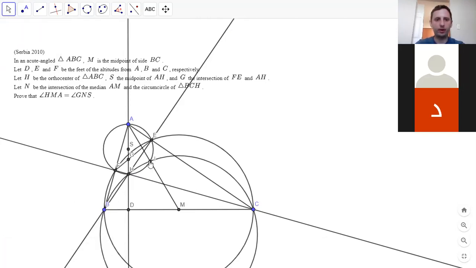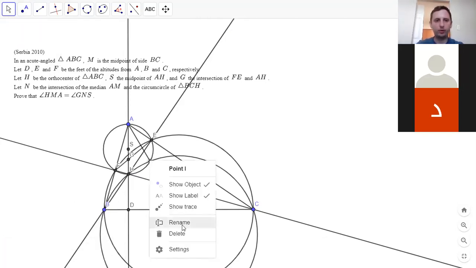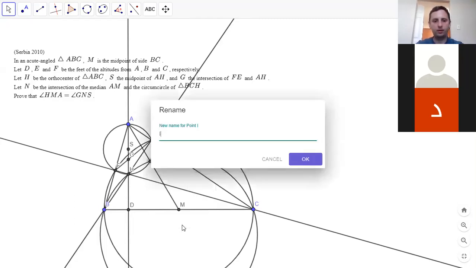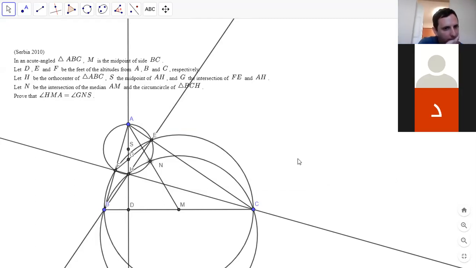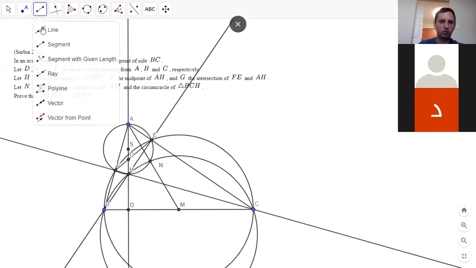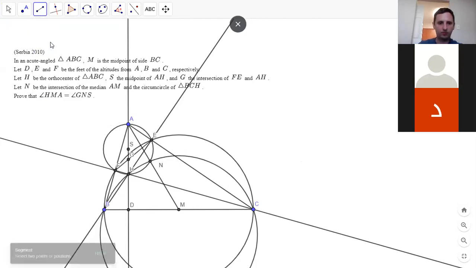And we want to show that angle HMA is equal to GNS. This looks like it might be easy. I'm not sure. So let's see. Yeah, we know that this is perpendicular.